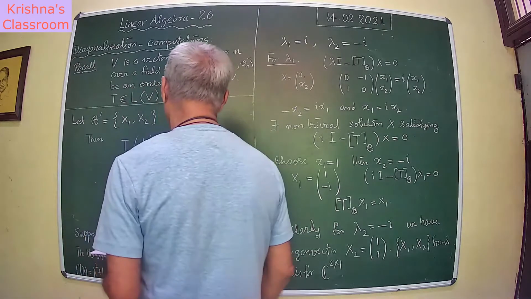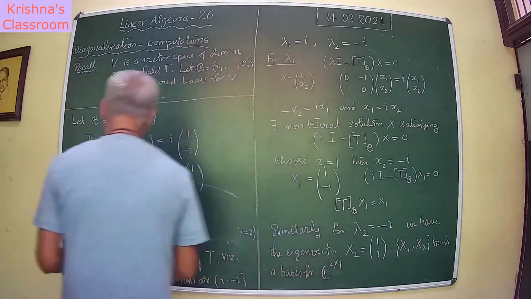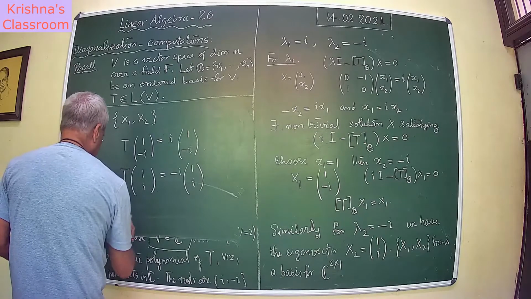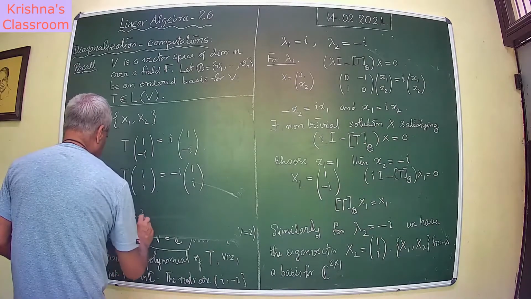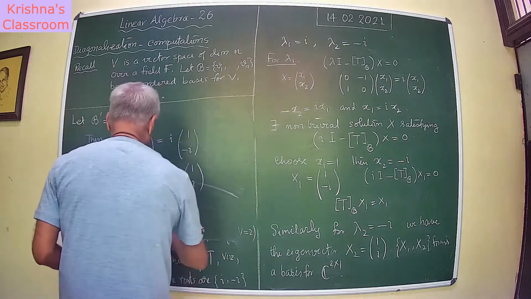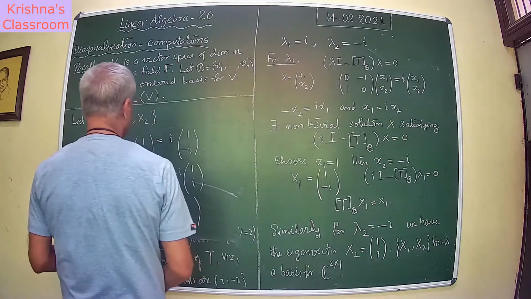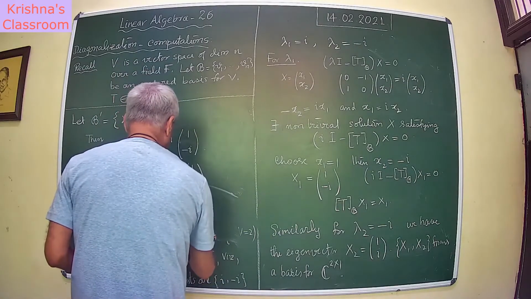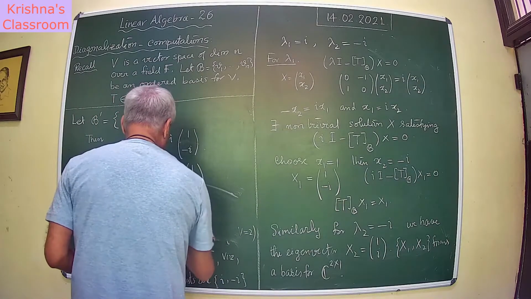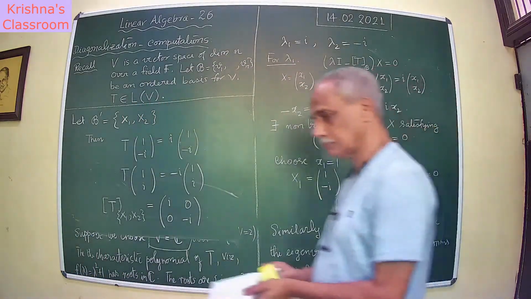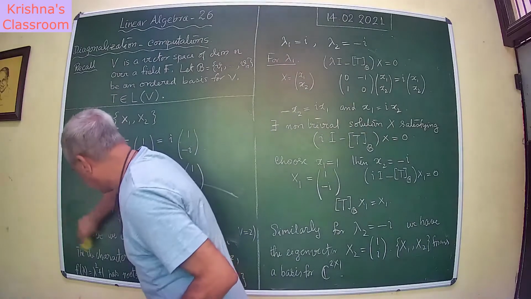Therefore this is equal to matrix of T with respect to this, which is equal to I. That's the diagonalization. Therefore, T is diagonalized.